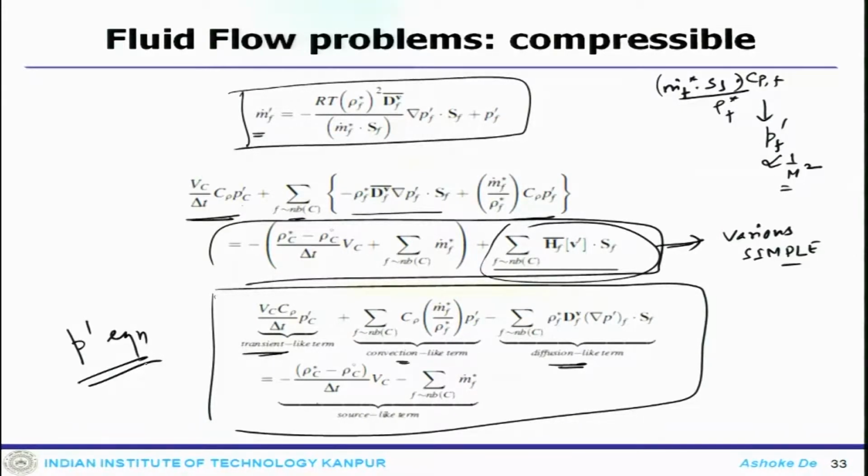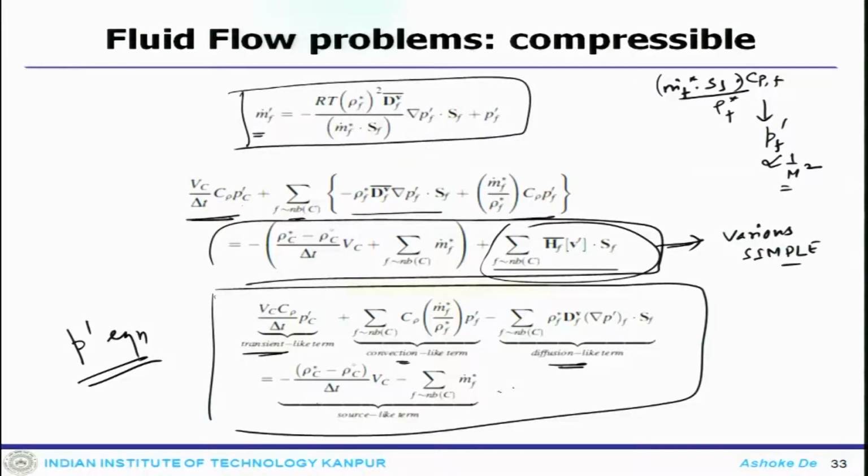Now, one can note that because at convergence the correction fields always lead to 0, the order of the scheme used to discretize this convection-like term is of no consequence on the accuracy of the final results. However, that is not the case for m dot f star.